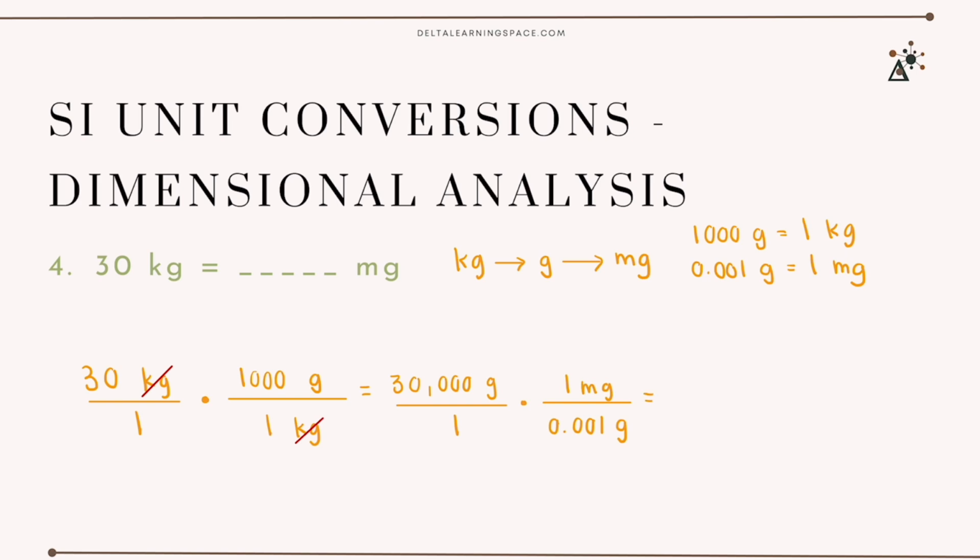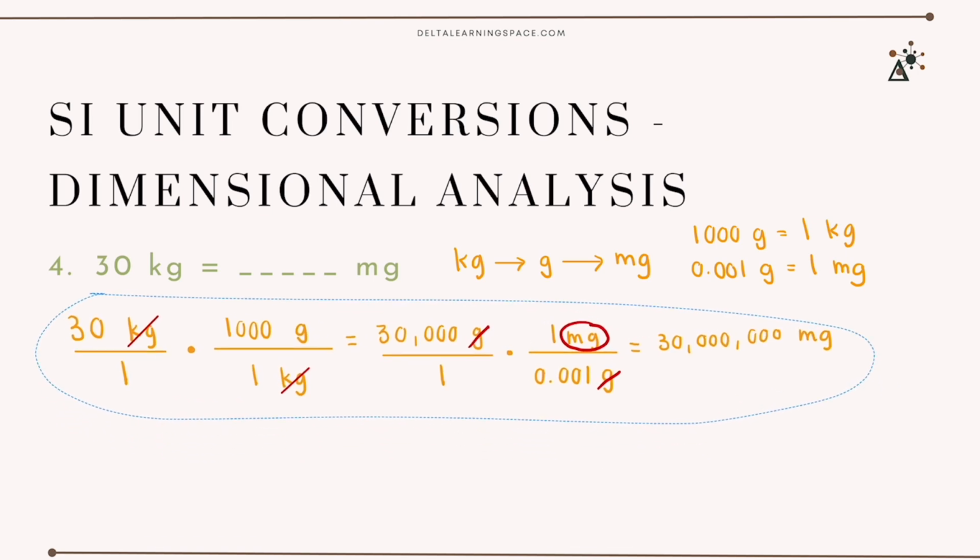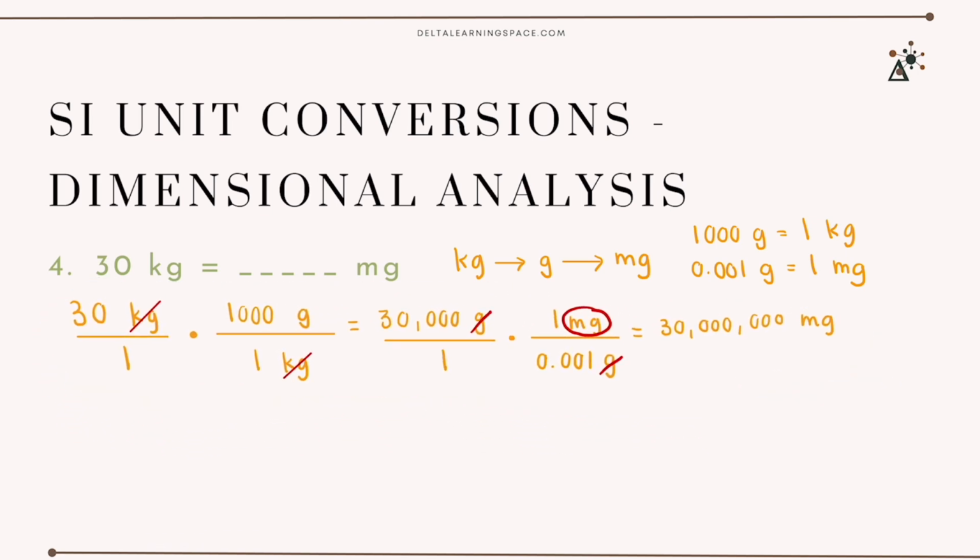And that's going to give me 30 million with my grams canceled out, leaving me with my desired unit of milligrams. This conversion can also be done in one long pathway, like this.